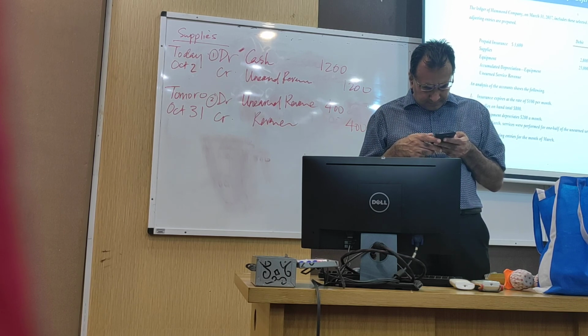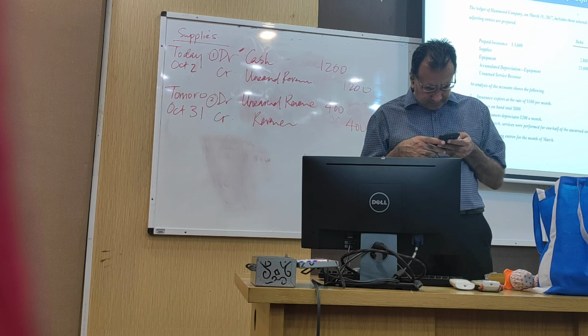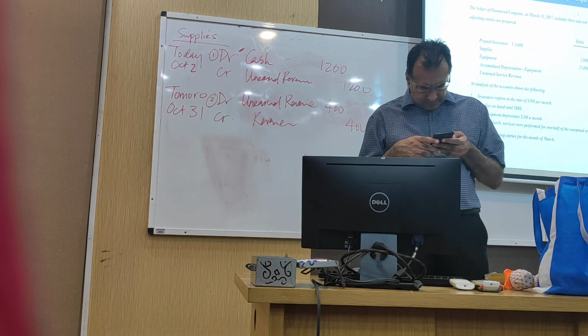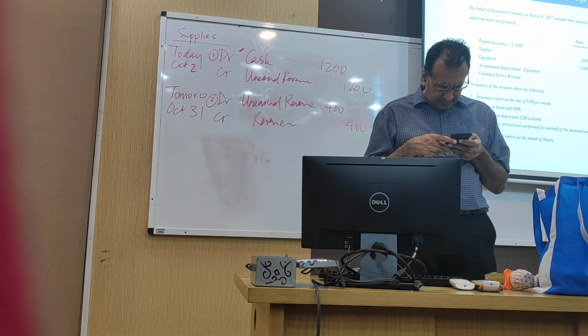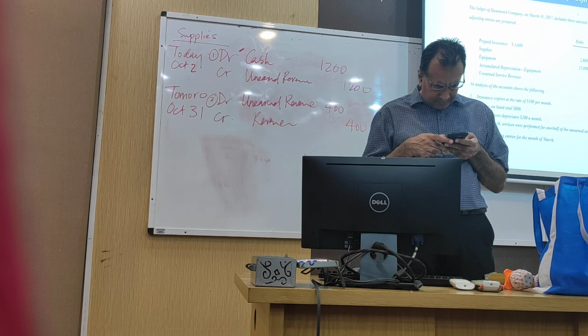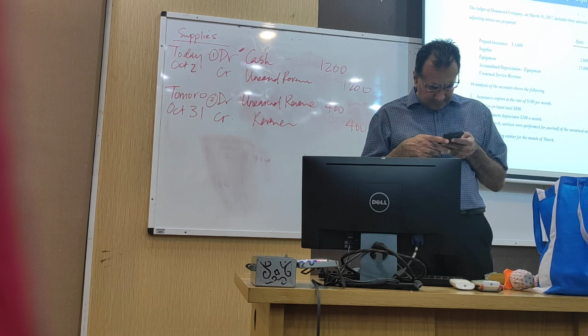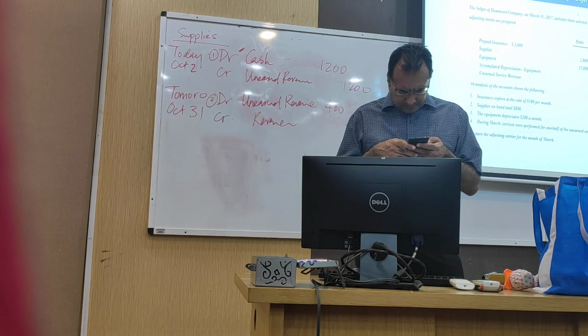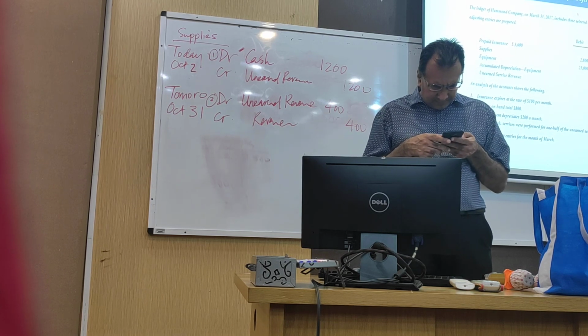Nó sẽ là spending mất 2.000, là supply expenses, cái nào debit. Supply mất 2.000 thì là supply expenses có 2.000.